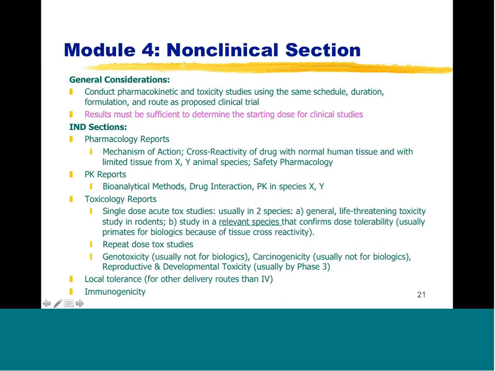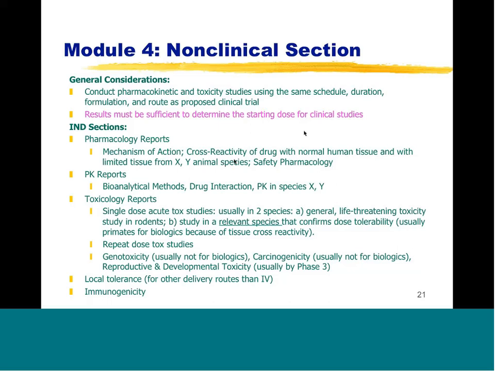So there is a section around pharmacology, which talks about mechanisms of action. Is there cross-reactivity? This is really key. What is the cross-reactivity of the drug with human tissue, and therefore justifying the animal tissue that you picked, because it needs to represent human. For example, if this drug is supposed to be picked up by, I don't know, hepatocytes, your safety concern might be around liver toxicity.